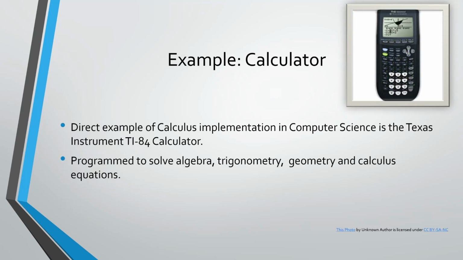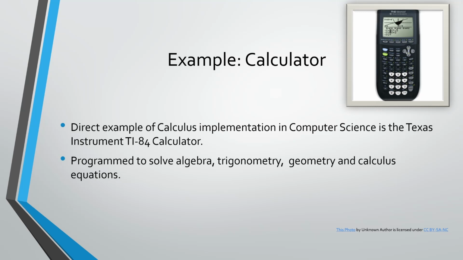An example, like I said earlier, it's sort of cheating, but a calculator is an example of calculus in the computer science field because it is a tool that is created by software developers that allows us, a layman, to do calculus calculations.